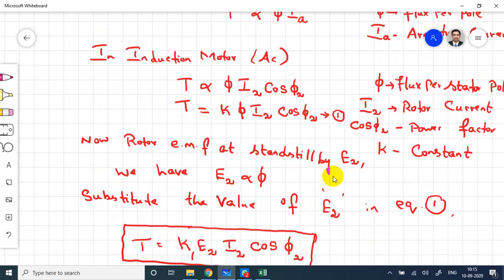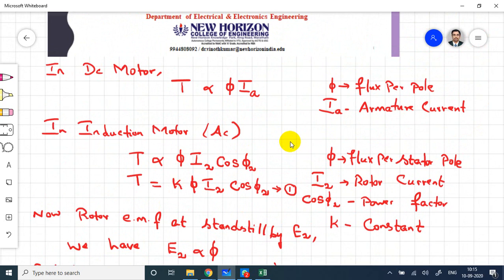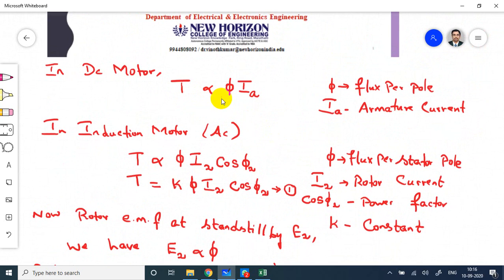So in a DC motor, again I will explain. In a DC motor, the torque is directly proportional to the product of flux per pole and armature current. But in an AC motor, the torque is directly proportional to the product of flux per stator pole, because flux will first be induced in the stator, and rotor current and power factor.